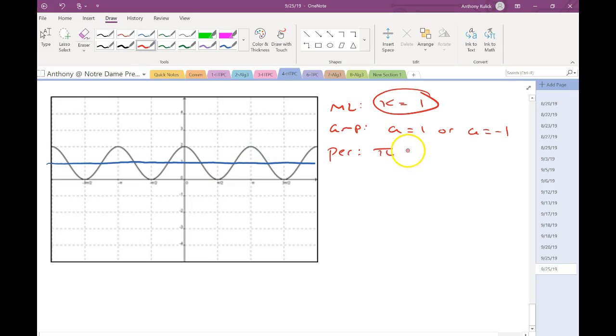So what does that tell me about C then? That it had to be a half or negative a half. Pi equals 2 pi times the absolute value of C, right? Divide both sides by 2 pi.